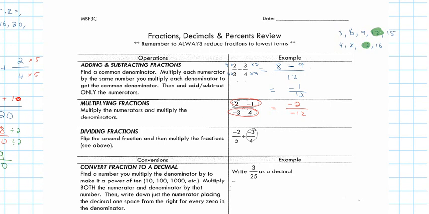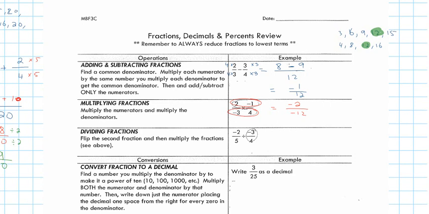You always have to reduce your answer if you can. Can I reduce this? Can I divide them both by the same number? Yeah. I can divide them both by 2. Now, question for you. We learned yesterday, if I have negative divided by negative, what does it become? Positive. So I have 2 negatives divided by each other.